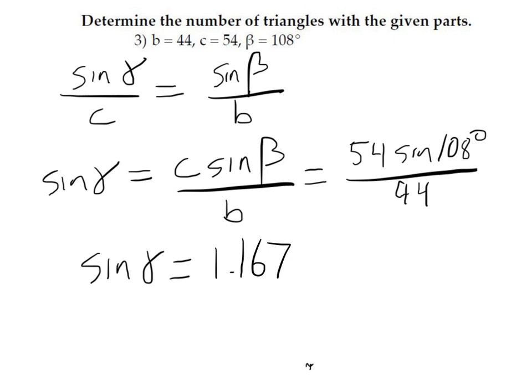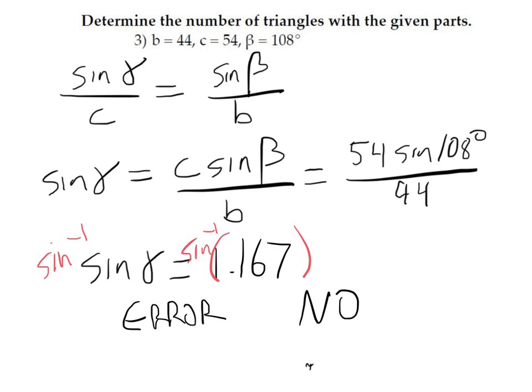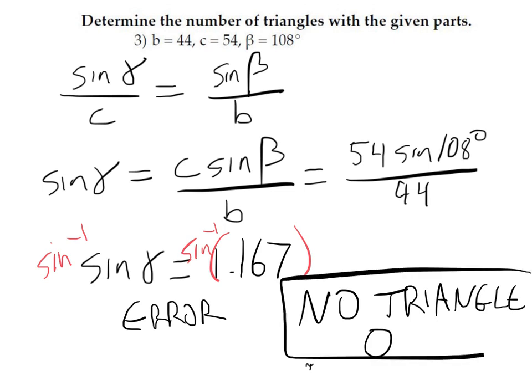But if you still didn't notice, you go to trying to find arcsine, and you get error with your calculator. No triangles. The question, determine the number of triangles, I guess the answer would be 0. Okay, that's how you do this problem.